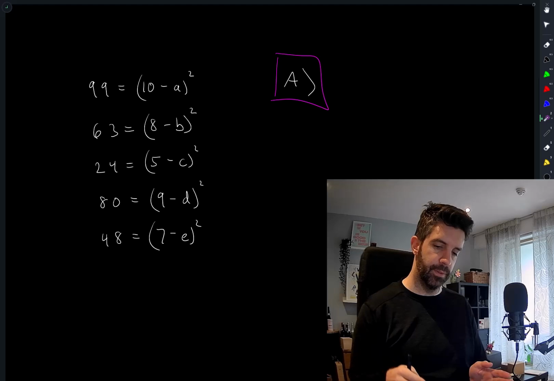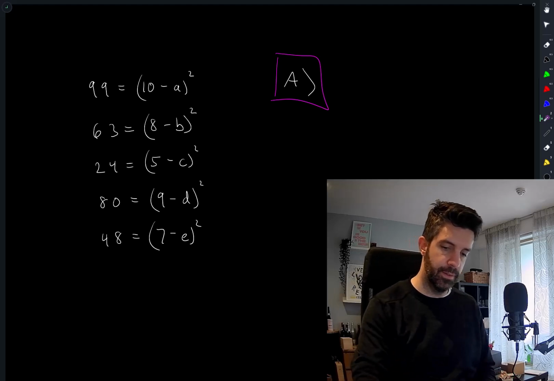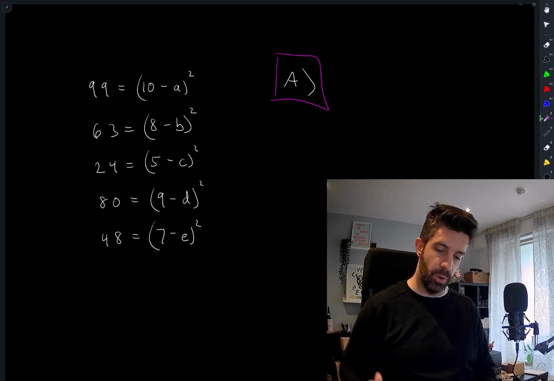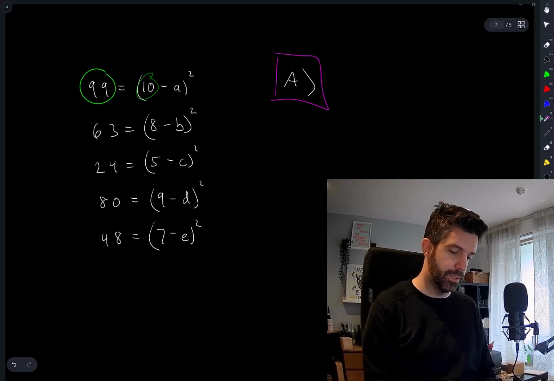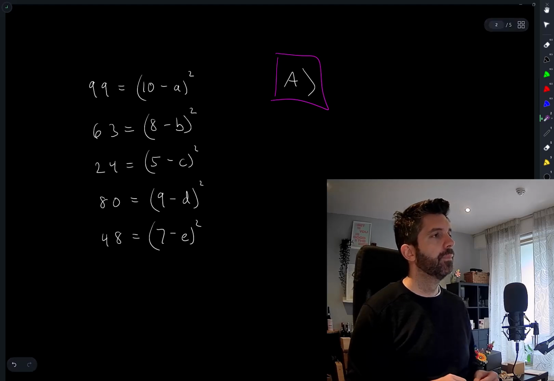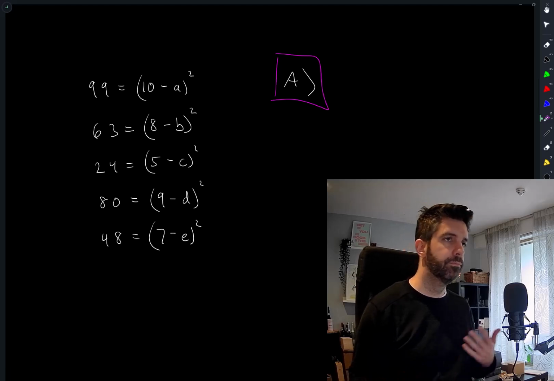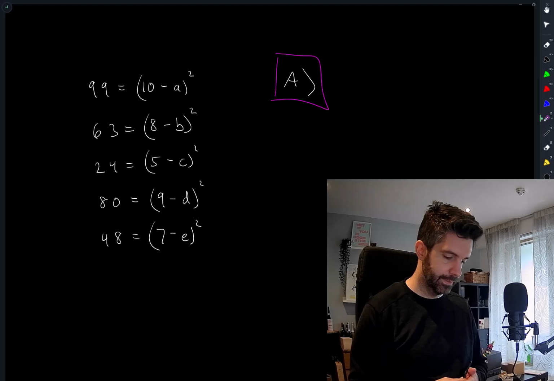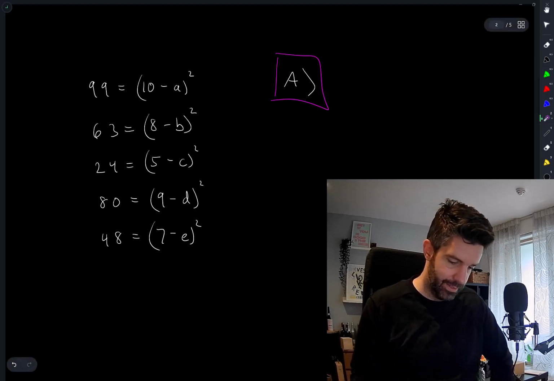Going from 9 down to 8 is a relatively large change compared to going from 100 down to 99. So yeah, that's the best way I can try to explain this.